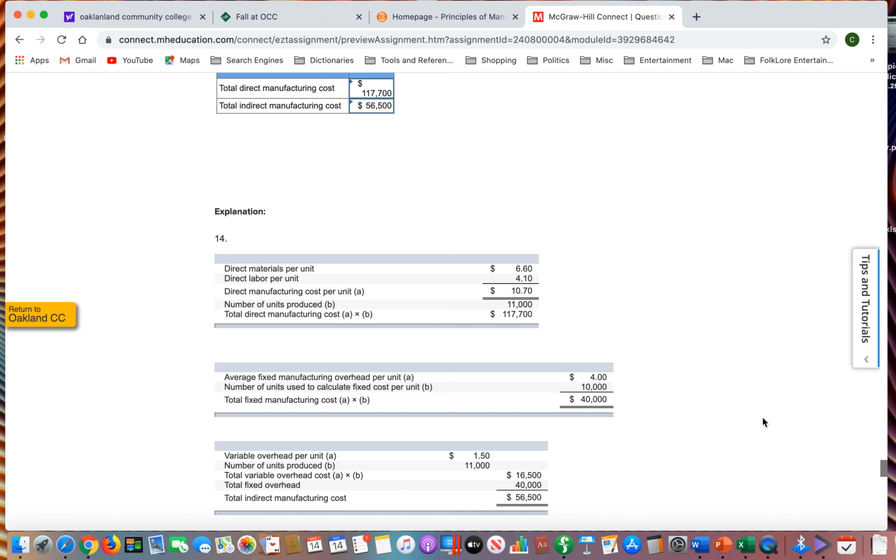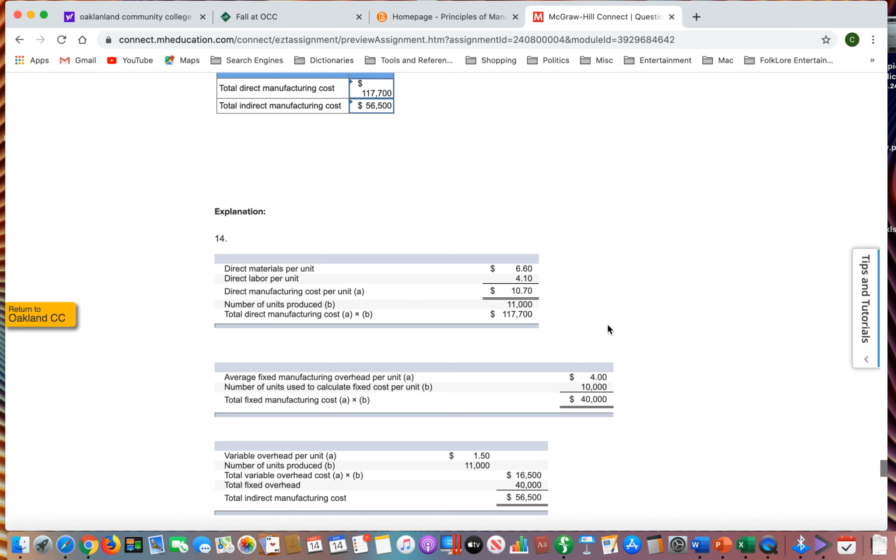But notice here, you still got that $40,000 fixed cost because it's within that range. And then you got the variable overhead of $1.50. So this is the fixed right here. This is the variable manufacturing overhead, $1.50 for 11,000 units. You multiply that, you get $16.50 plus that. Direct manufacturing is direct labor, direct material, that's 1070 times 11,000 units.